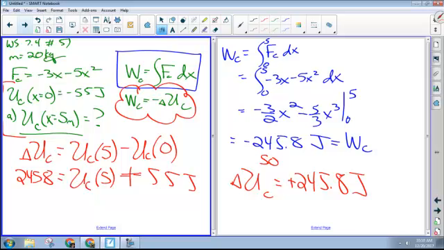Well, how do I want to say this? The problem is about energy, right? The problem wants to know how much energy we have when, okay? But most of the information that we're given is about force.